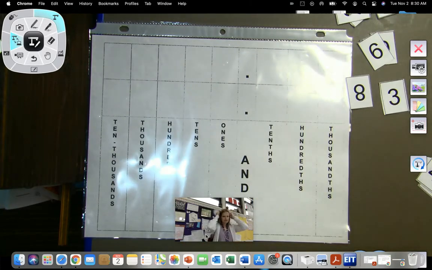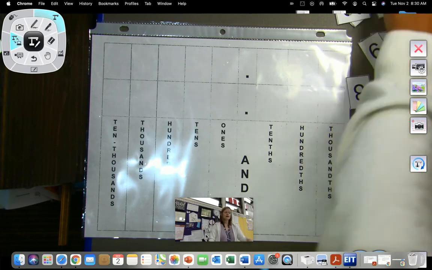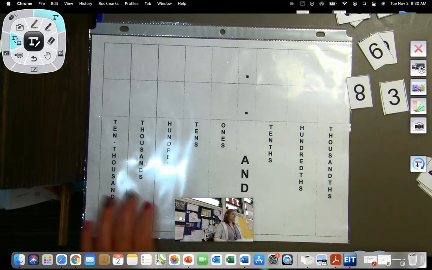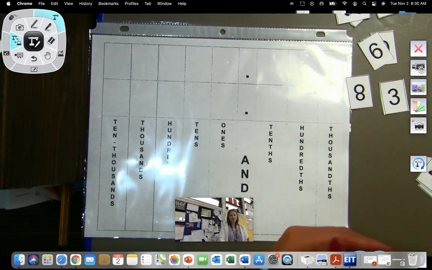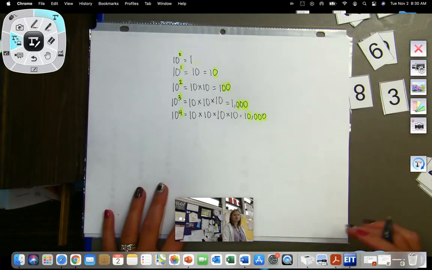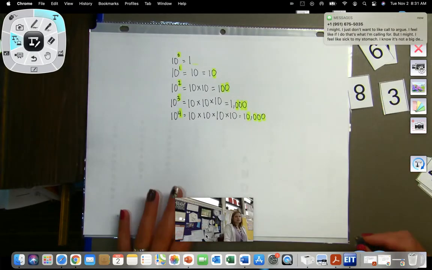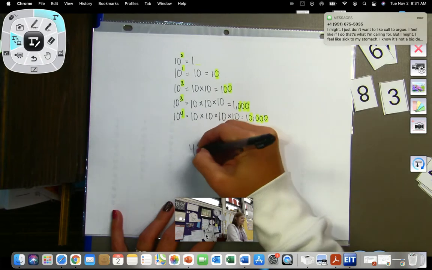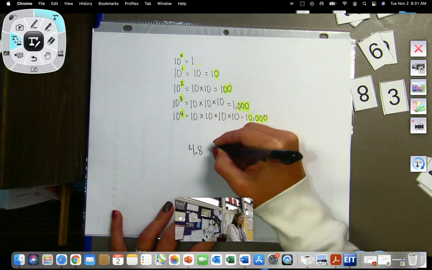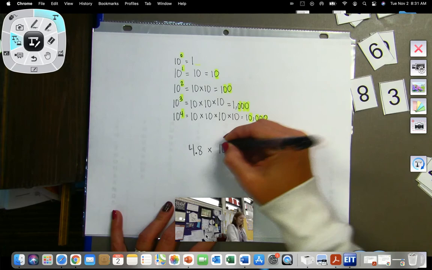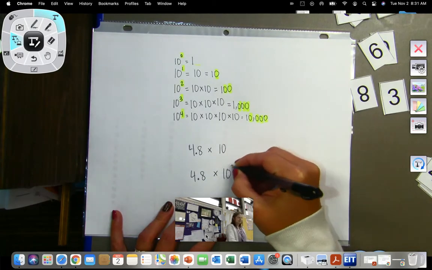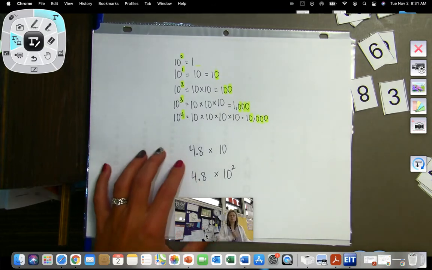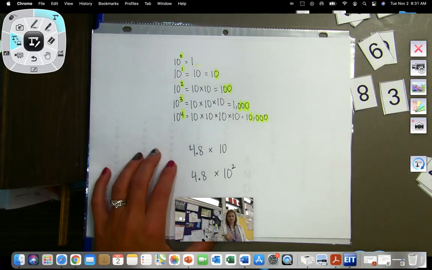Now, when you're multiplying decimals by a power of 10, what ends up happening is you are making the number 10 times bigger, 100 times bigger, 1,000 times bigger. So if we look at this chart that we just drew, you're going to have a situation where you have to multiply, let's say, 4.8 times 10, or 4.8 times 10 squared. So these are the equations that you're going to see when you're multiplying by powers of 10.